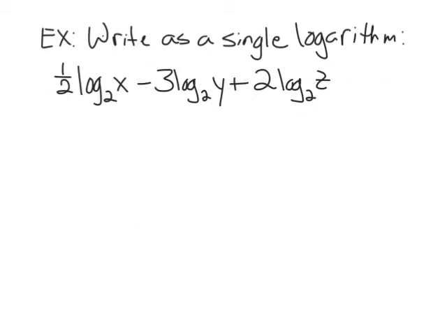So here's an example where we're going the other way. We're going to take these three terms and write them as a single logarithm. Now we have to be careful. Again, I'm trying to point out the areas where you're going to make a mistake if you're not careful. If you look at the sign of the coefficient, this one's positive, this one's negative, this one's positive. Any logarithm with a negative coefficient is going to end up in the denominator.